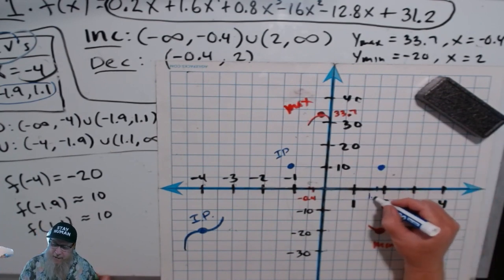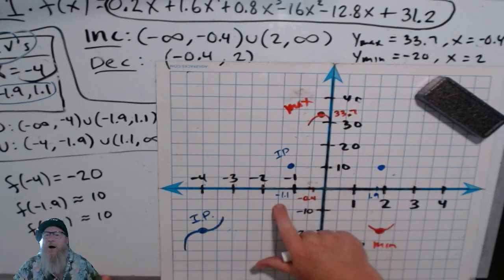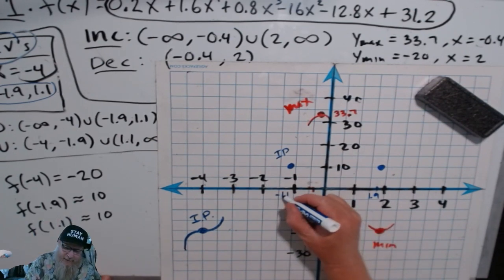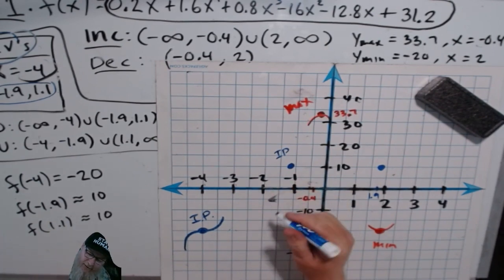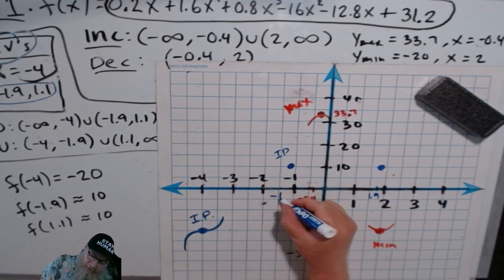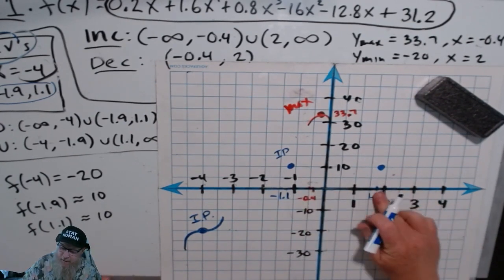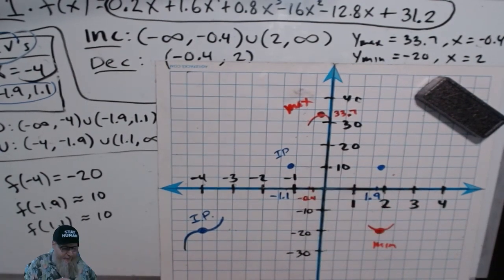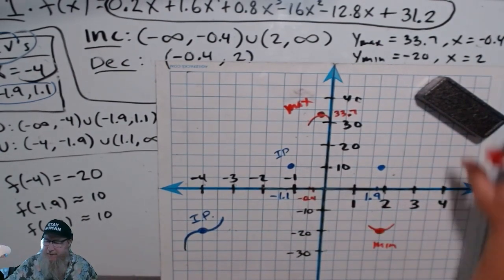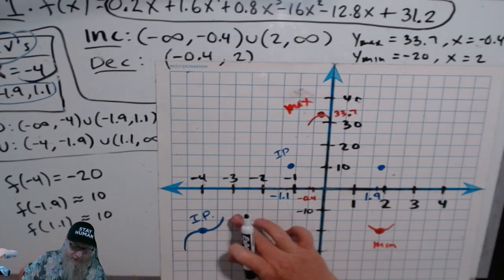So this is 1.9, and then this is negative 1.1. Again, these are just rough sketches. They don't have to be perfect. Just right about there, and then there's 1.9. I always say they don't have to be perfect, and then I spend a bunch of time trying to make it perfect. So what do we got going on here?